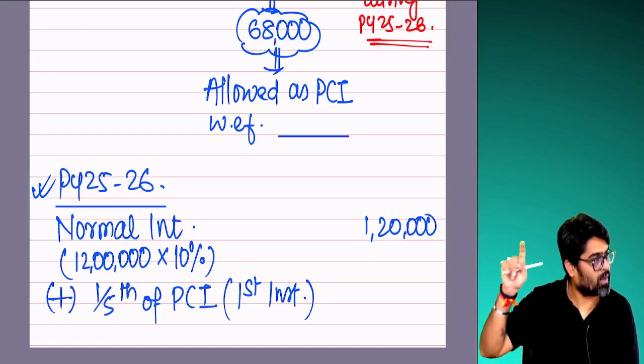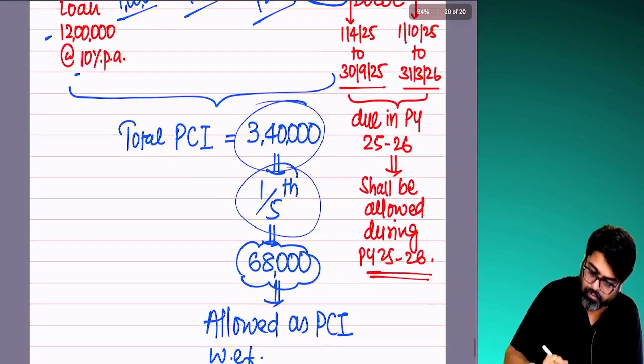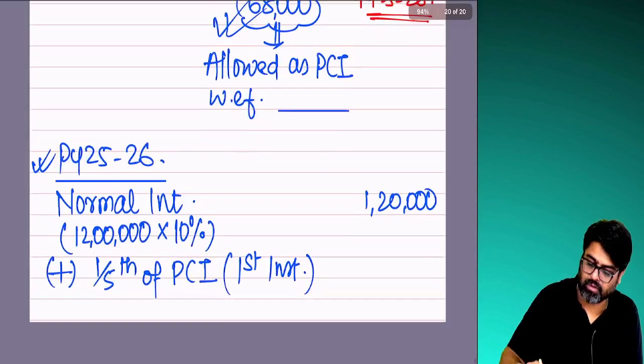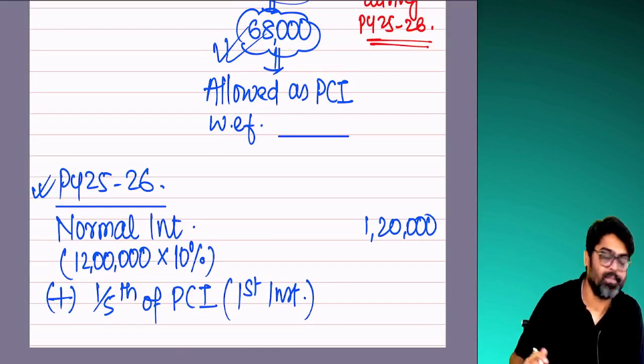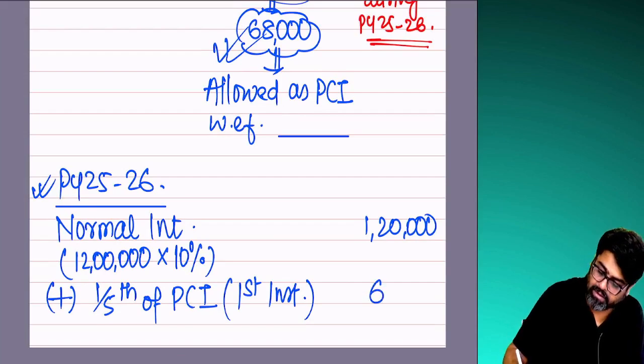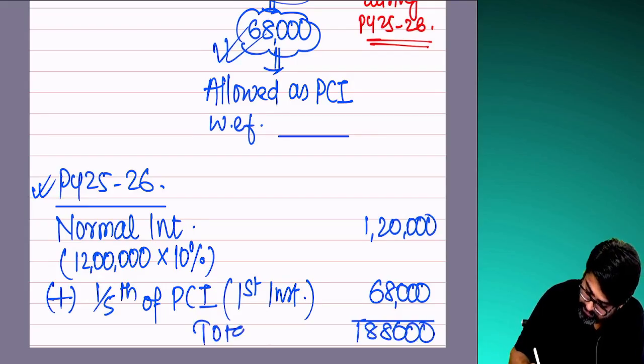From this year, you will start getting 1/5 of 3 lakh 40, meaning 68,000, for the first time from 25-26 onwards. Yes or no? So how much is the pre-construction interest? 68,000. So tell me, how much is the total interest for this year now? 1 lakh 88,000. Can I say now this is the total interest for this year?